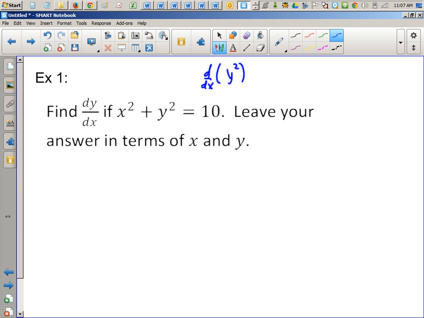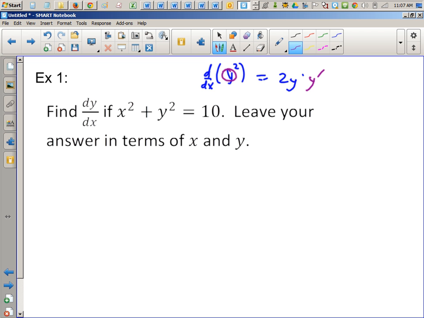The derivative is 2y times the derivative of the inside, y prime. See, y depends on x. It's a function. We don't know what it is, but it's probably sine x or cos x or 3x squared plus 5 or root x or something like that. It's an unknown inner function.